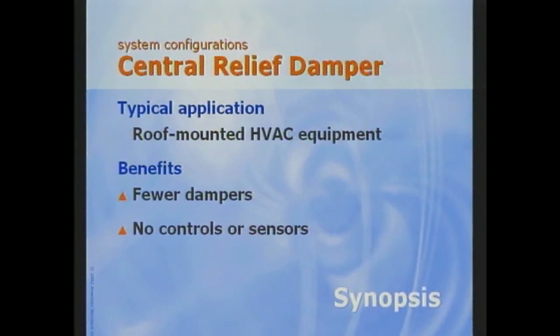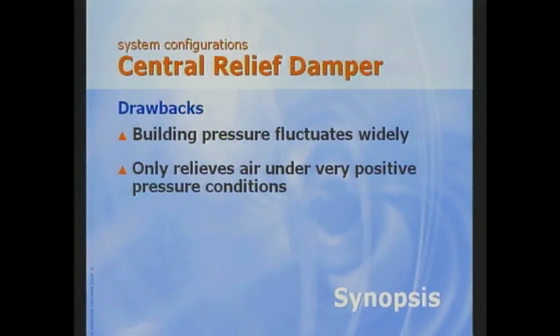But remember to locate this central damper in the return air plenum before the air reaches the return air damper. In this configuration, it works better than natural relief, but this approach relieves air only under very positive pressure conditions. Often, the air instead finds less restrictive ways to leave the building, like through the doors.